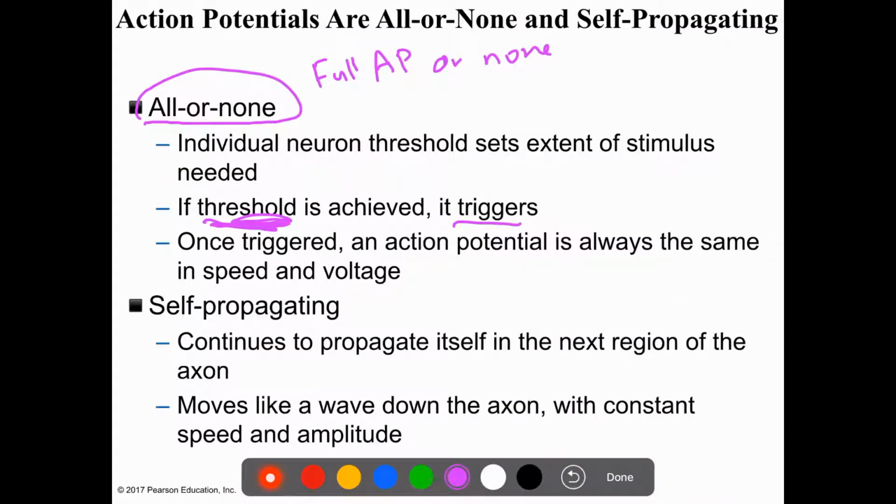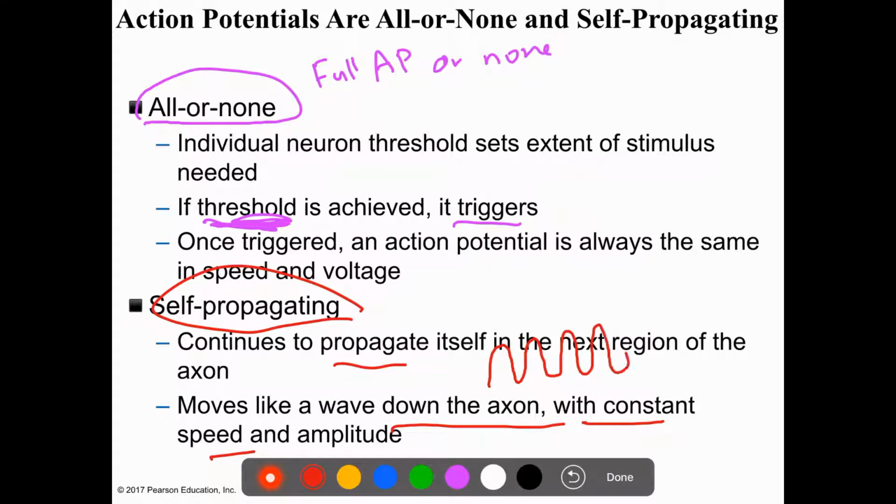The second one is called self-propagating. It means that the action potential keeps regenerating or propagating itself in the next region of the axon. So it moves like a wave down the axon with constant speed and amplitude, or intensity.